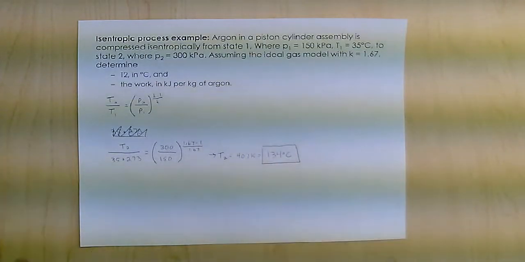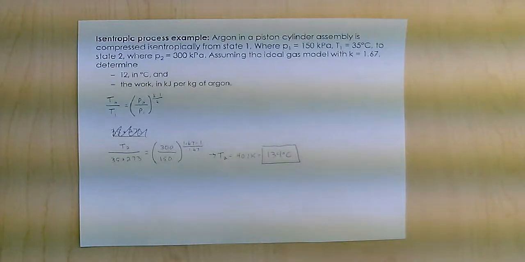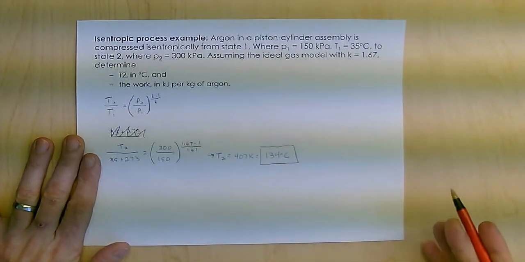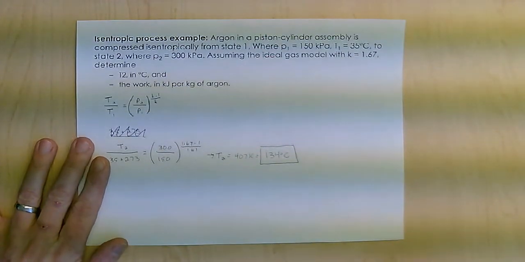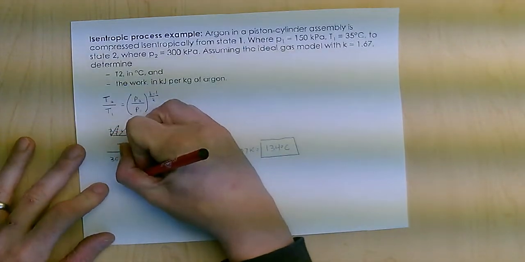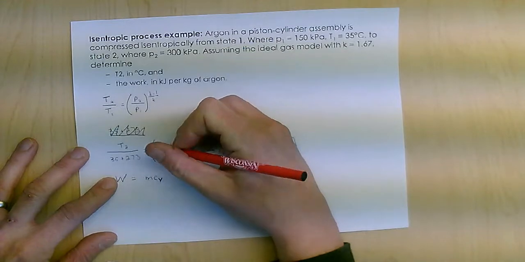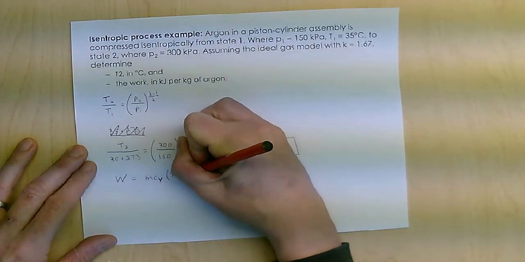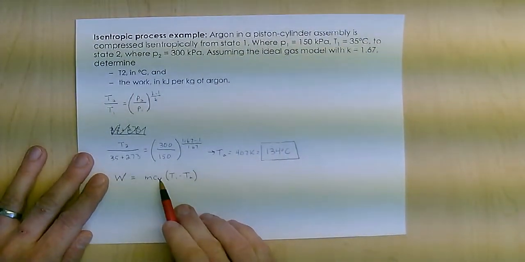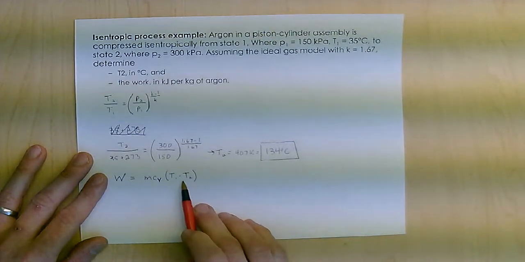Now, you'll remember in the book we talked about polytropic processes, and we have the work equations for them, which is what I'm trying to find here. That work equation is work equals m times Cv times (T1 minus T2), the mass times the specific heat times T1 minus T2.